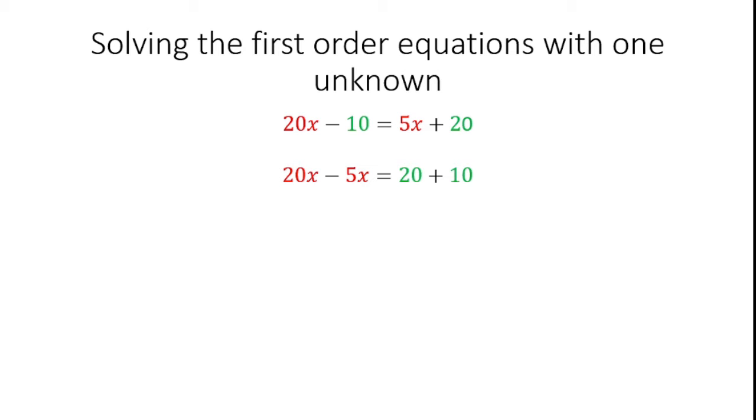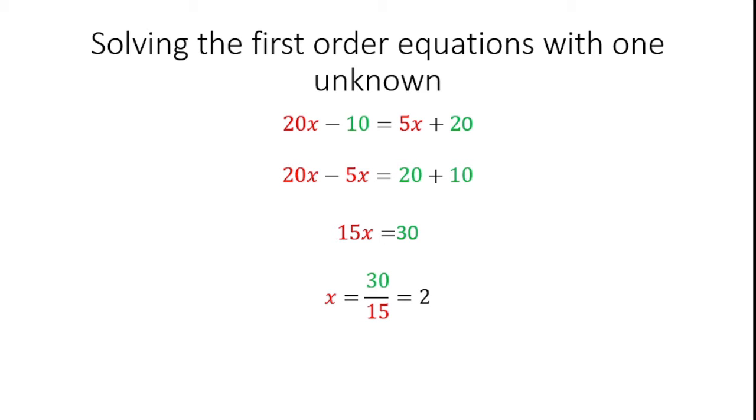From this, I can easily identify the x variable value. How can I identify x? Let's see the next step. Here, I subtract 20x minus 5x and get 15x, and I also add the individual numerical numbers, 20 plus 10, which gives 30. Now we can perform the division operation, because 15x is equal to 30, so from this we can easily identify x is equal to 30 divided by 15.